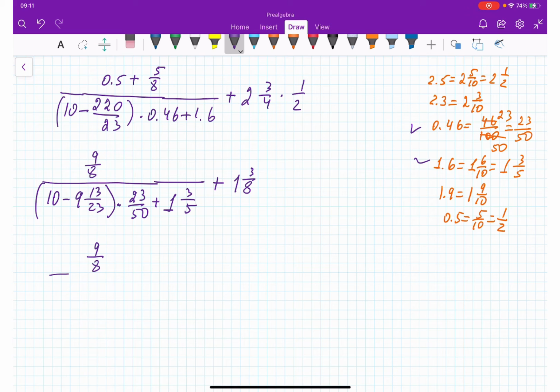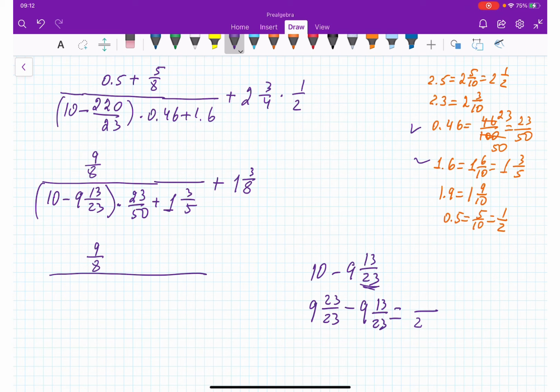Now let's subtract 10 minus 9 and 13 over 23. This is what I'm going to do. 10 I'm representing as 9 and 23 over 23. I'm using this denominator, so why bring to a common denominator when I can take the same denominator that already exists, and I get rid of dealing with a common denominator. Minus 9 and 13 over 23.